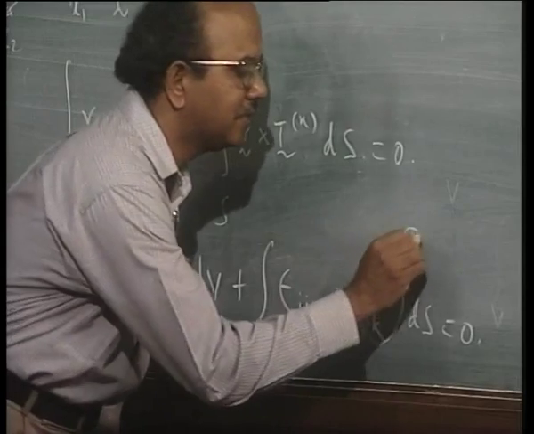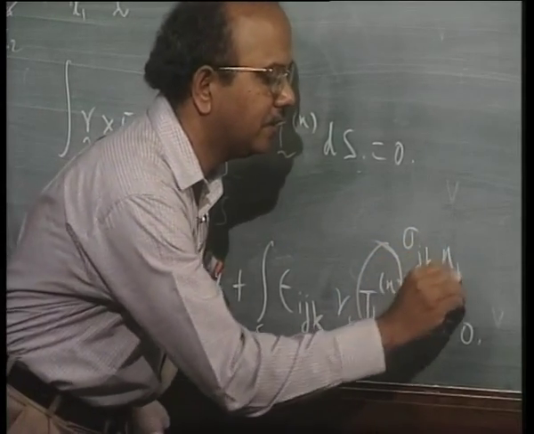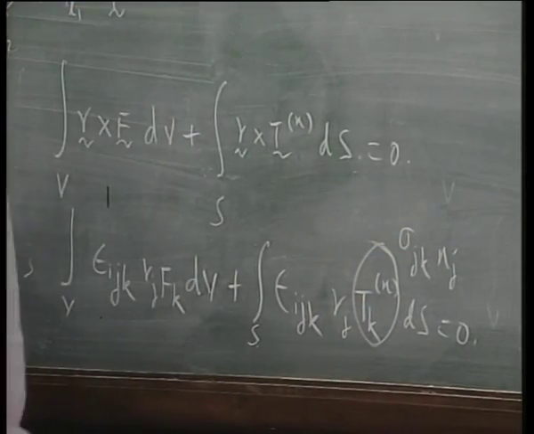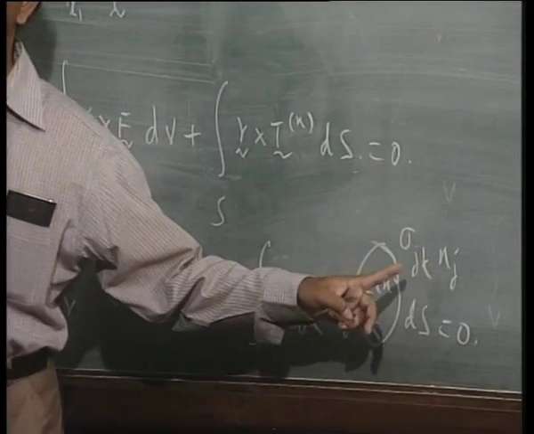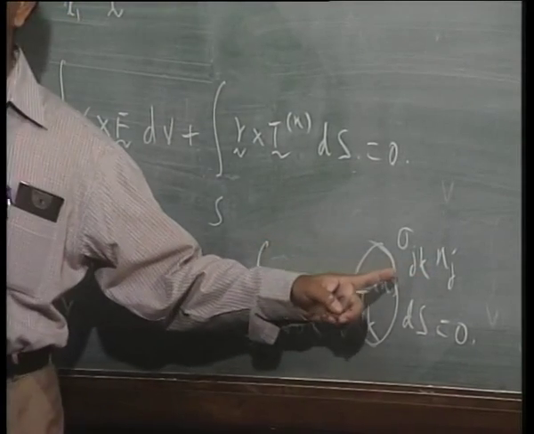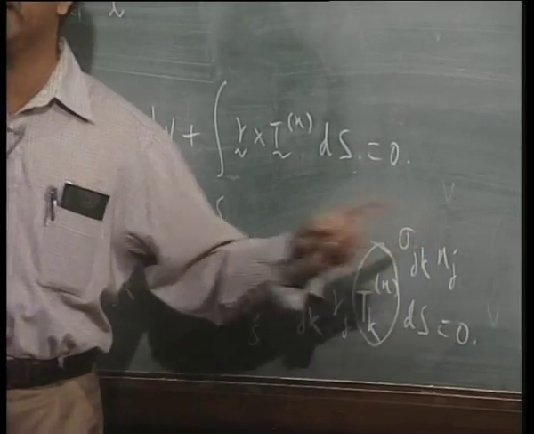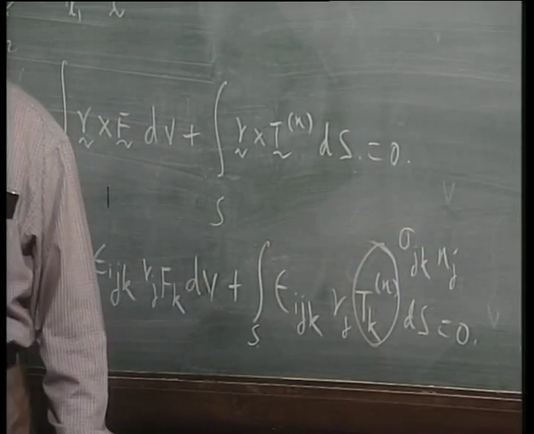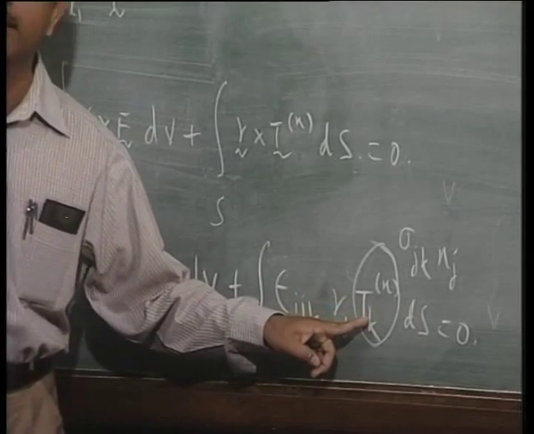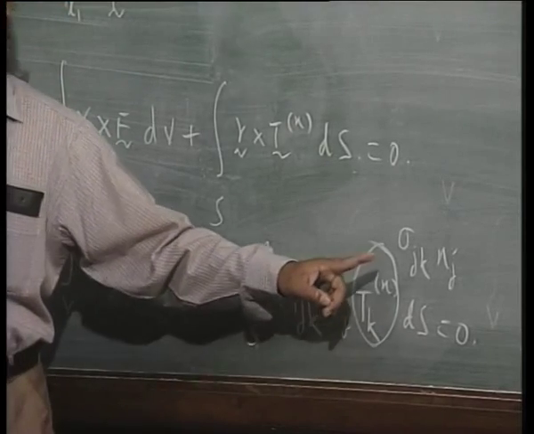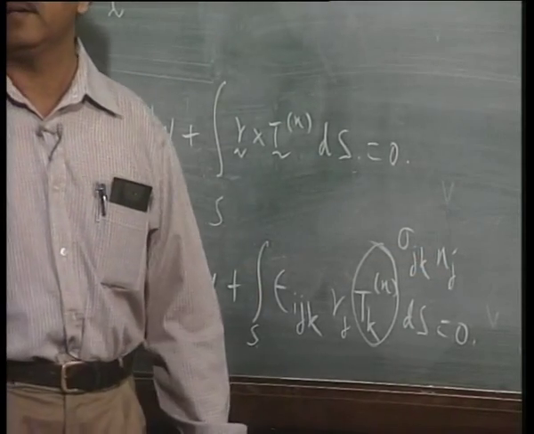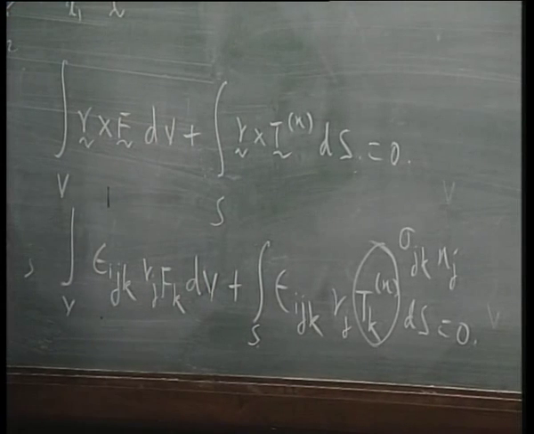Can I write this as sigma jk nj? Because of tk, immediately you have a tendency, because I've been using j there. Remember we wrote Ti is equal to sigma ji nj. So when I say k here, immediately the tendency for students is to write j, k, and j.